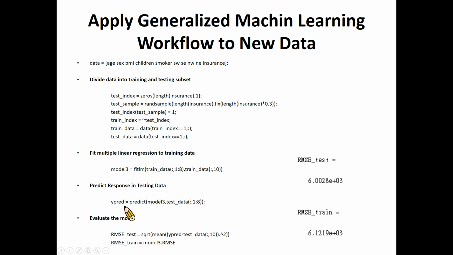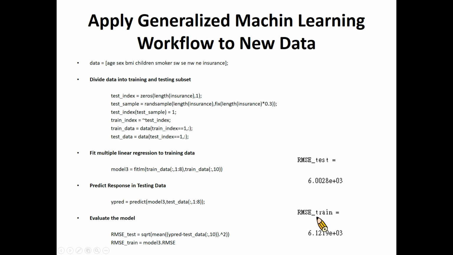This will be specified as Y predict. Then we can evaluate the model, comparing the root mean square error in the training model and the results of the training model when applied to the testing data.